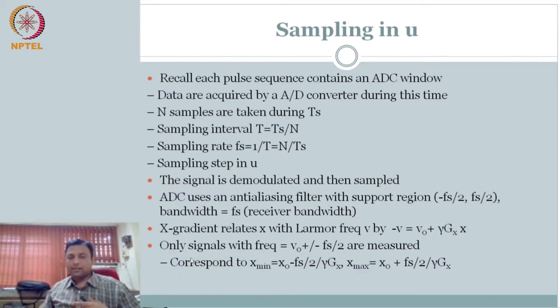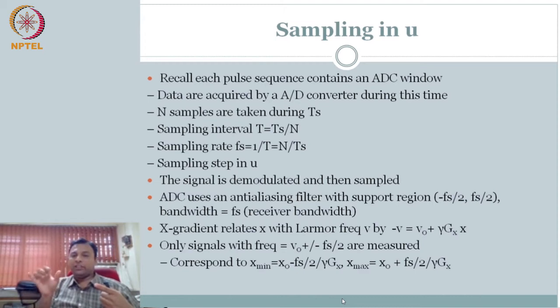So only signals with frequency within this are measured. Your X minimum will correspond to X naught minus Fs by 2 by gamma Gx, and X maximum likewise. So this is spatial: minimum X to maximum X is related to gamma Gx and Fs. Therefore your field of view, your image width and image height.